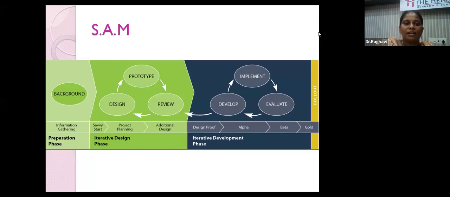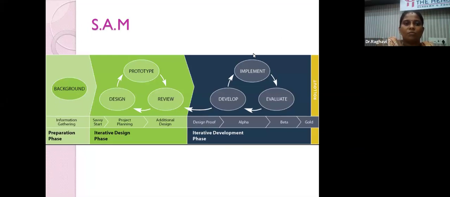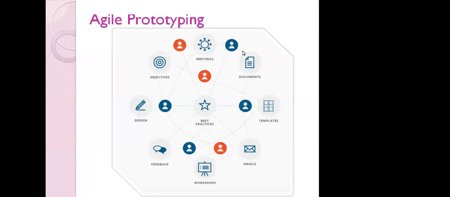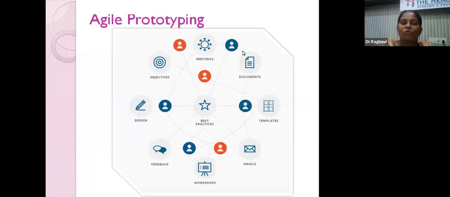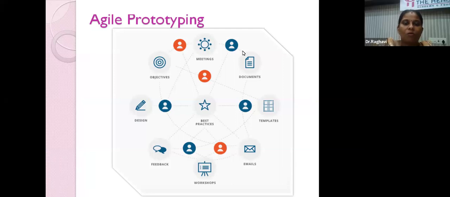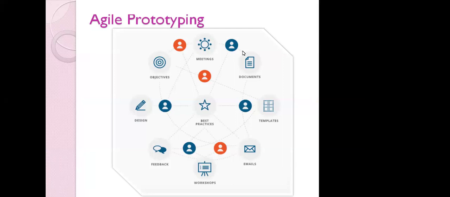The next model in your pipeline is the Agile prototype. What is agile? Just a quick question to all of you. Agile means something which can be molded or shaped very easily. Dynamic.